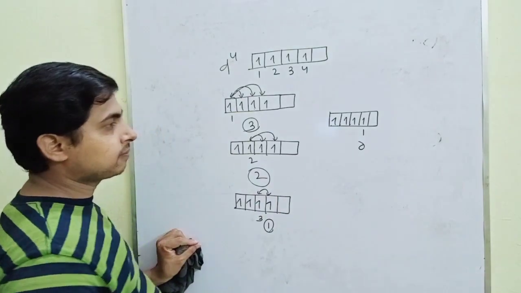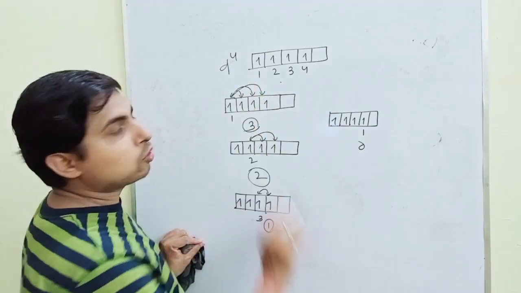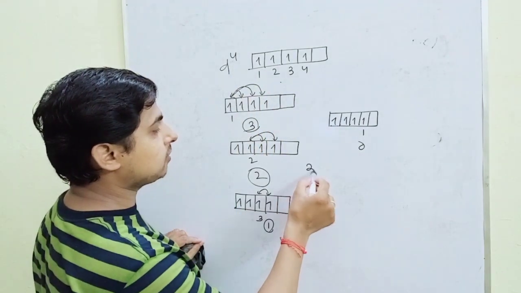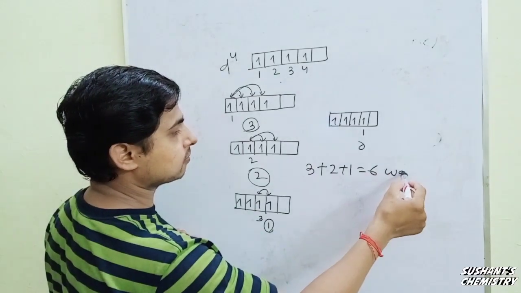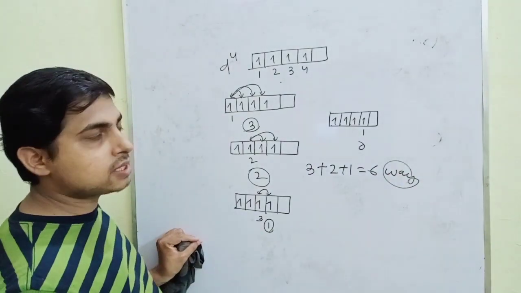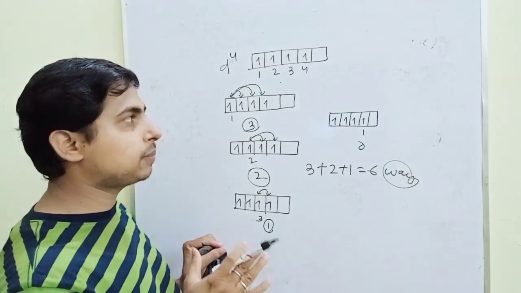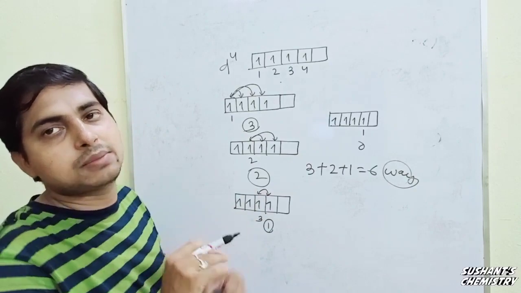That is, the total number of exchanges in D4 configuration is 3 plus 2 plus 1, that is 6 ways. Exchange means shifting of electrons from one orbital to another in the same subshell.